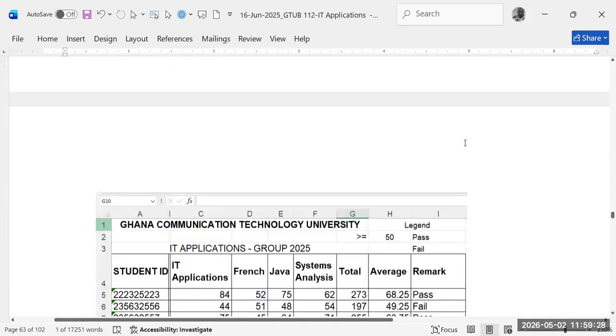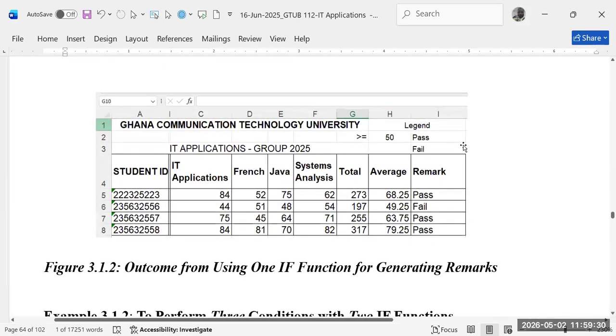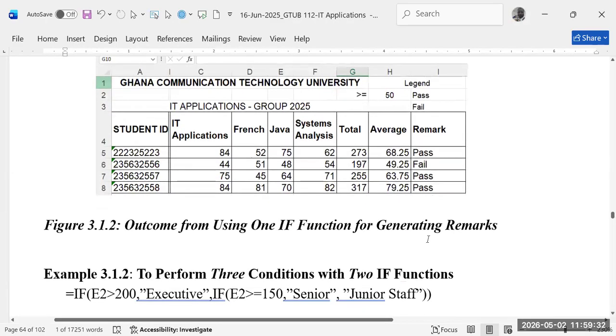Yes, sir. Okay. So let's come here. Who can try the formula for me? Find the formula for H6. Who can try the formula for H6?